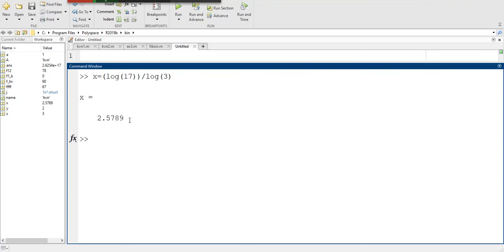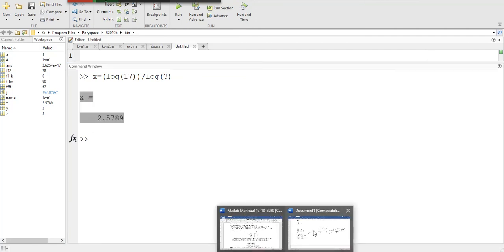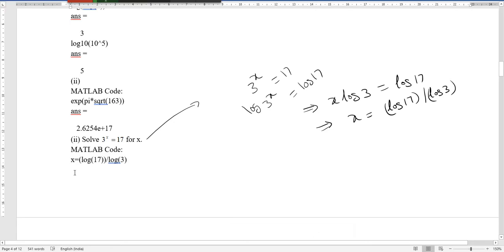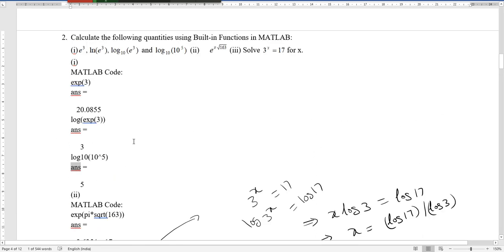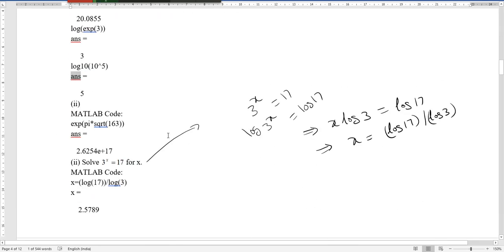Here we are using the variable concept, x equals; in the previous expressions the result came with ans, now here we are calculating the x value, that's why you will get x. This is the second exercise question, very interesting.